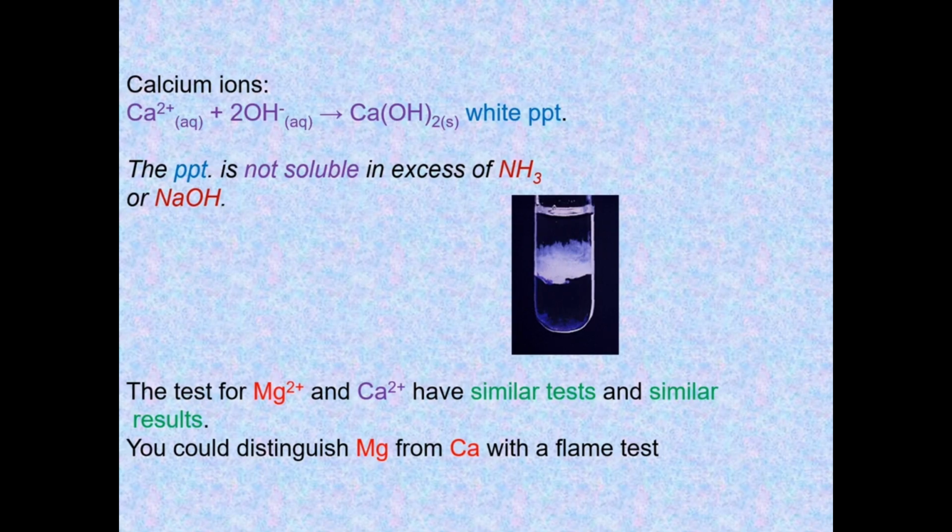Magnesium, when you burn it in air, gives a white blinding flame. Calcium gives an orange flame of some sort. That's the only way you can tell them apart. If you test with sodium hydroxide or ammonia, you don't know if it's calcium or magnesium because it gives the same results.